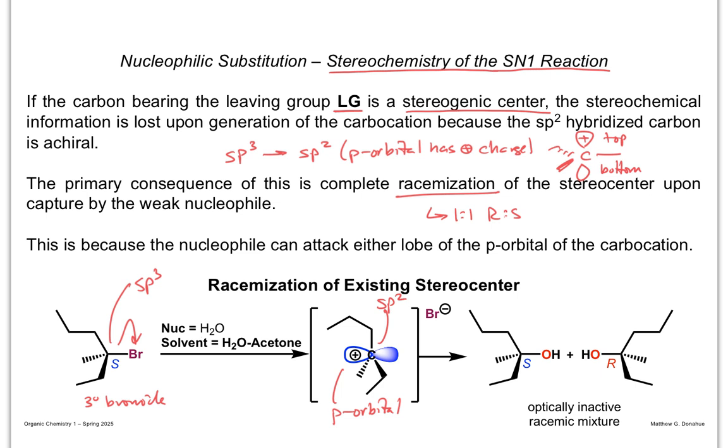Our nucleophile is water. Water can attack from either the left or the right, top or the bottom, however you're looking at it. So you can end up with the retention, but also the inversion. So that's a one-to-one mixture of those two things. That's called a racemic mixture.